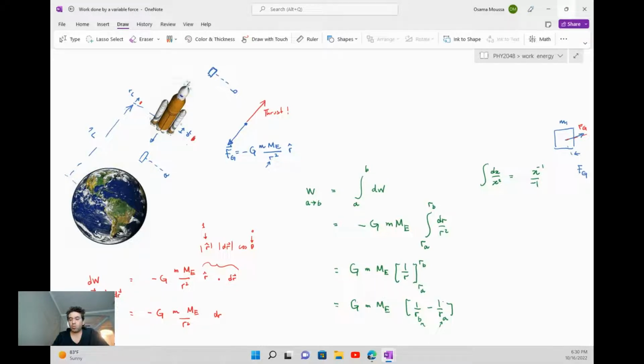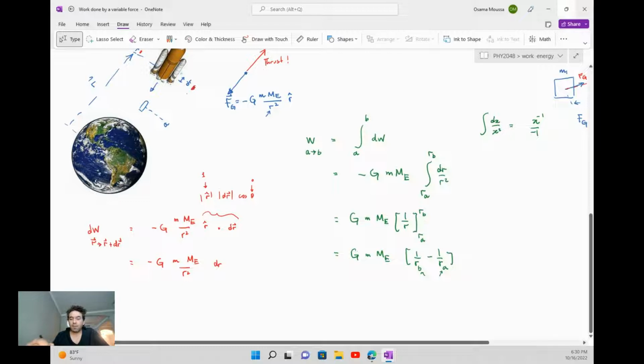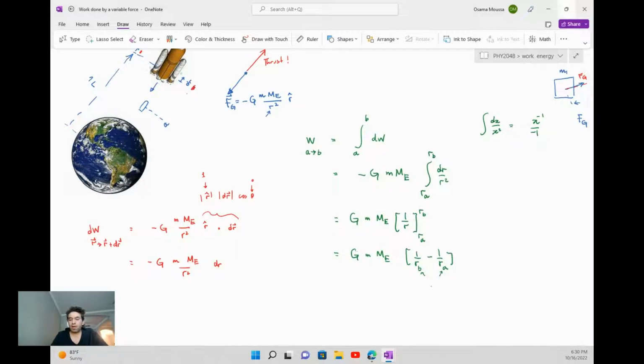So 1 over rb would be smaller than 1 over ra. So I recover my negative sign. This work is definitely going to be negative if ra is smaller than rb, because then 1 over ra would be larger than 1 over rb, and I recover my negative sign in the work done.